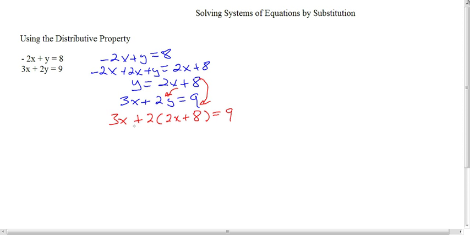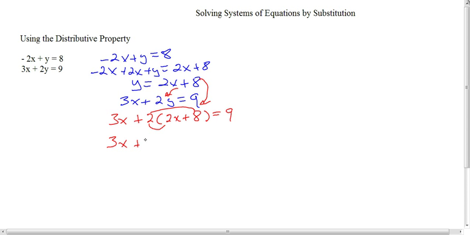So now I'm left with what we're talking about, distributive property. Before I go on, I'm going to rewrite it, using my distributive property here, and I'm going to multiply times 2 and times 8, the constant 2 here.